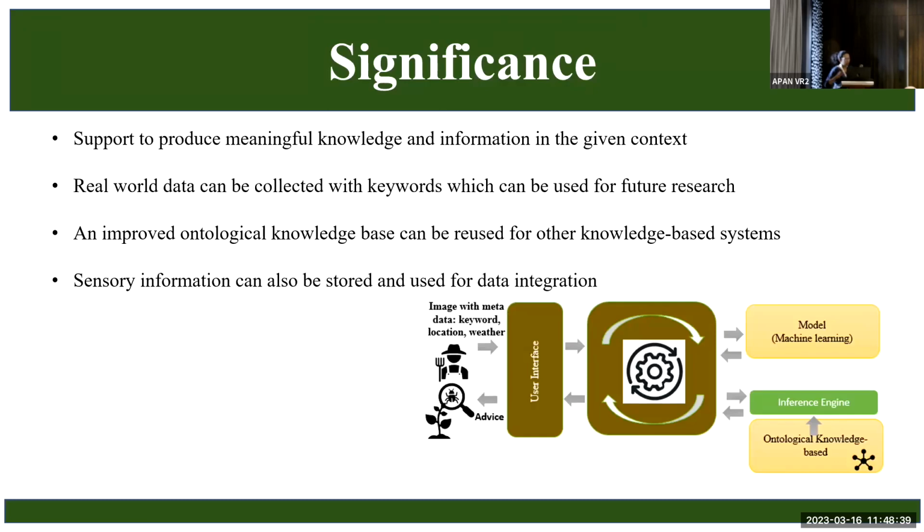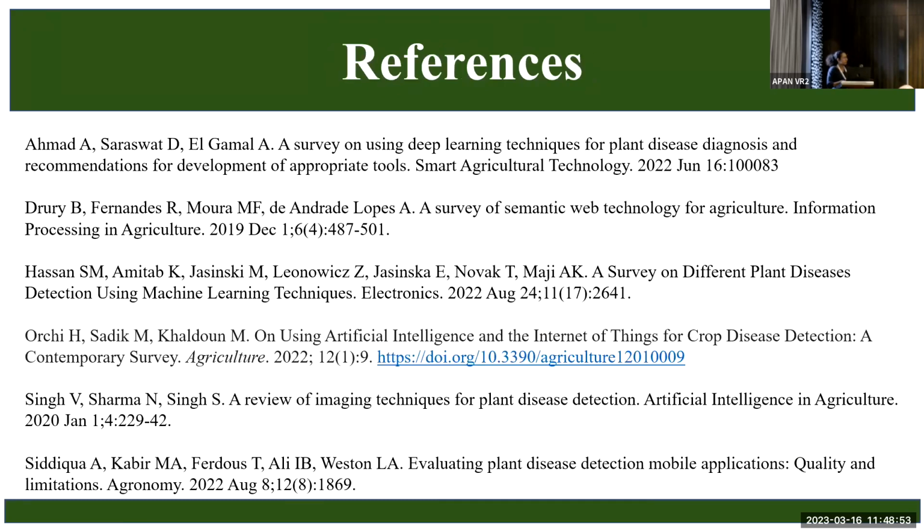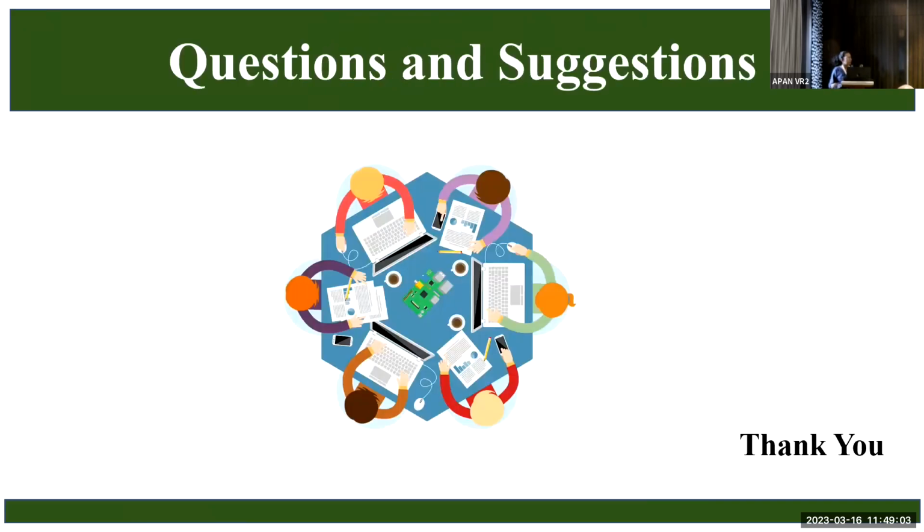The ontology can then be used for data integration as well. This is our proposal for the farmers' problems, and these are the references that I used to identify the possible approach. Thank you very much for giving me this chance to present here.